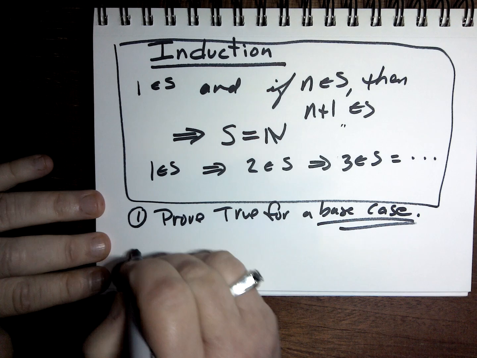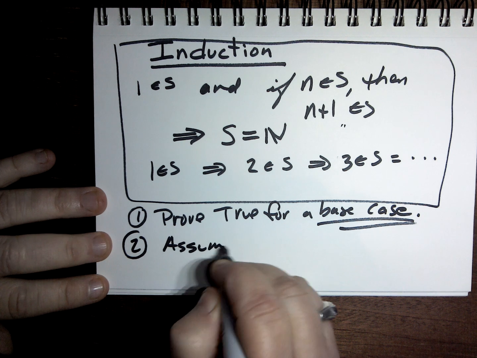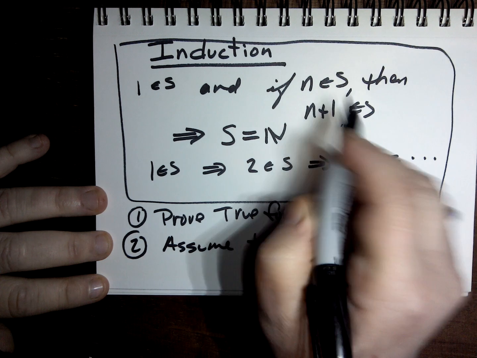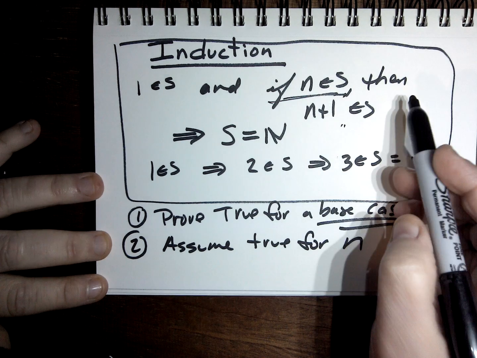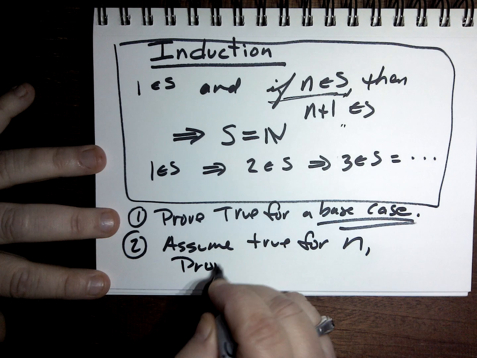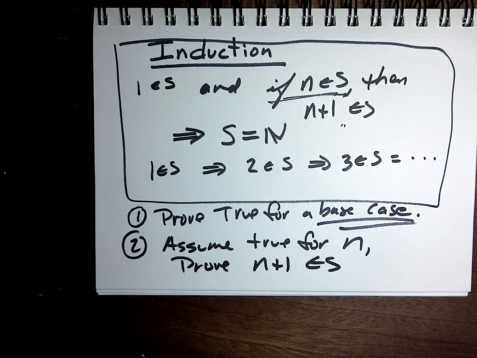And then you assume it's true for n. If n is in S, so you're saying assume it's true for n, and then prove n plus 1 is in S, where S is the set of the numbers that make it true.